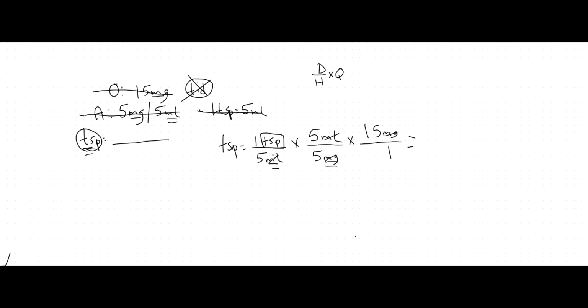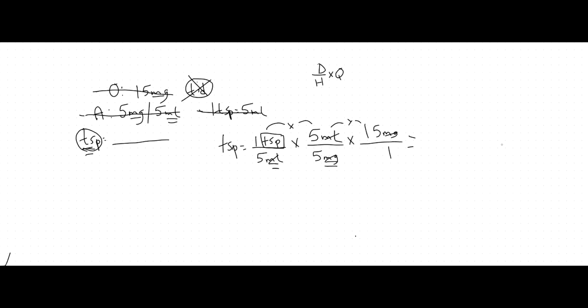So 1 times 5 is 5, times 15 is... 15 times 5, is it 70? Oh, 75. Sorry, y'all. I was trying to do that in my head. All right, so 75.